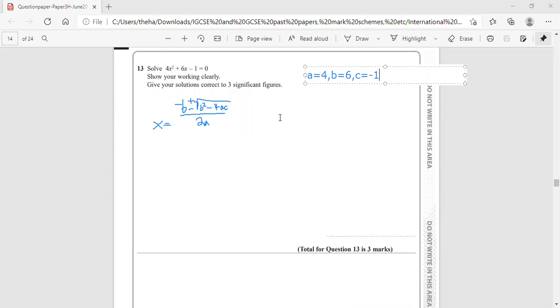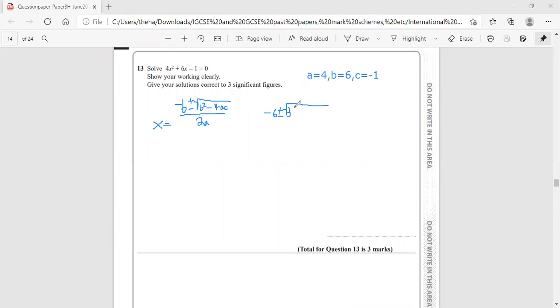So putting this into our equation, we get minus b, so minus 6, plus or minus. This will give us 2 solutions, one for the plus, one for the minus. The square root of b squared, so it's 6 squared, which just gives us 36.